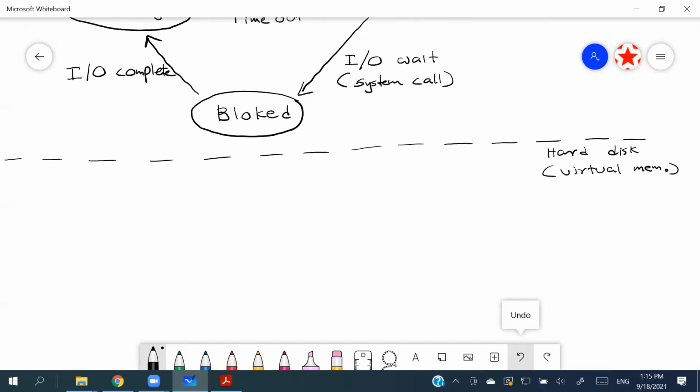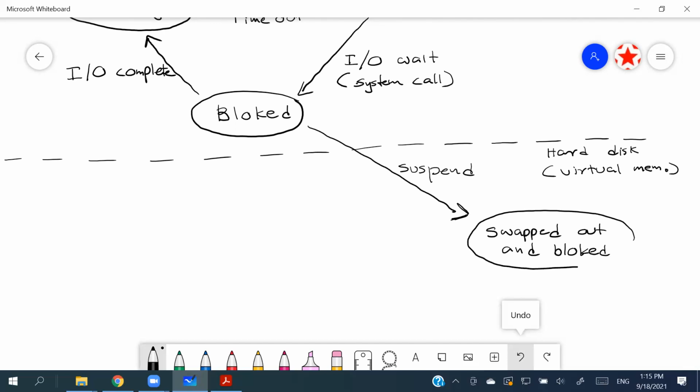So what the operating system does is it will suspend the blocked state processes into the hard disk and give a new state called swapped out and blocked. This is purely done to reduce the crowdedness, or to free the memory in the RAM.